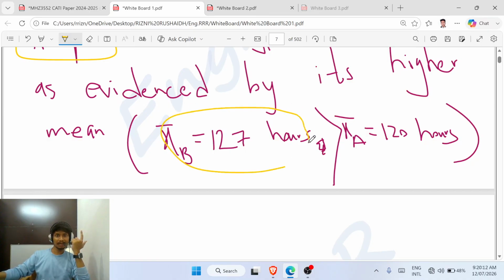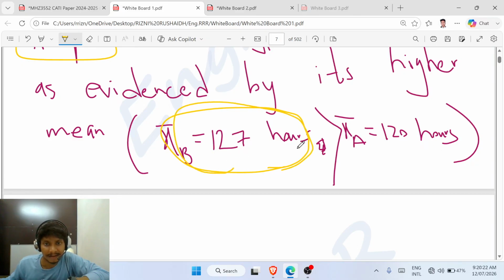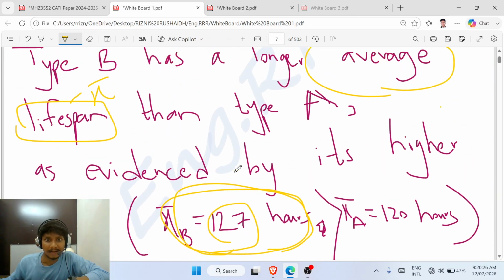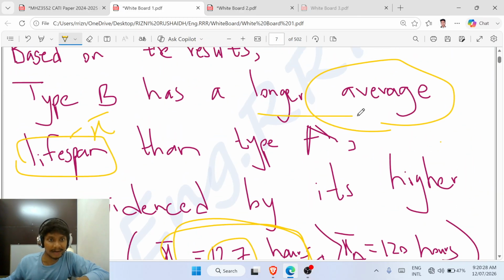The average lifespan is the X bar. When we compare XB bar and XA bar, the lifespan of B is greater, 127 hours. Therefore, type B has the longer average lifespan.